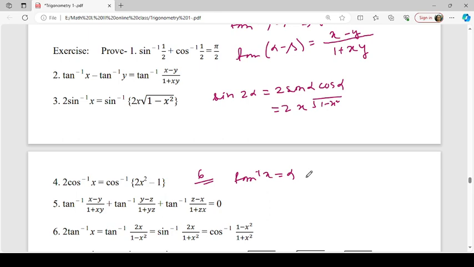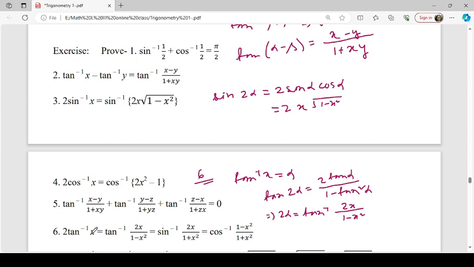Then tan of twice alpha will be 2 tan alpha by 1 minus tan square alpha. So this implies twice alpha is equal to tan inverse of 2x by 1 minus x square. This is the first part.